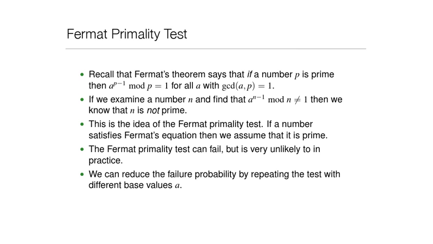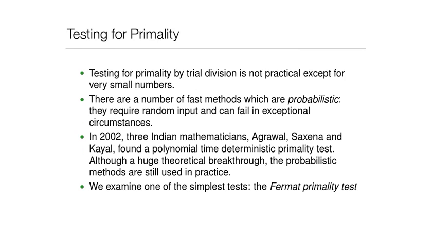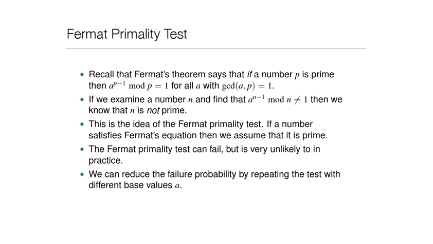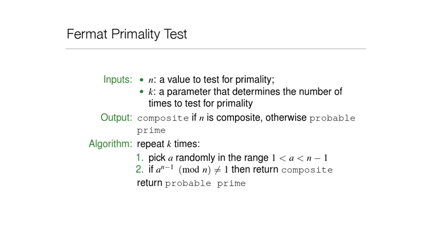This Fermat primality test is one of the simplest tests to find whether a number is prime or not, and this is a probabilistic test. You can follow this slide and understand it. I'm not going to talk about that in detail. For the time being, keep in mind this is a test to find whether the number is prime or not. In our next slides, you will understand the use of prime numbers when we talk about the RSA crypto system.